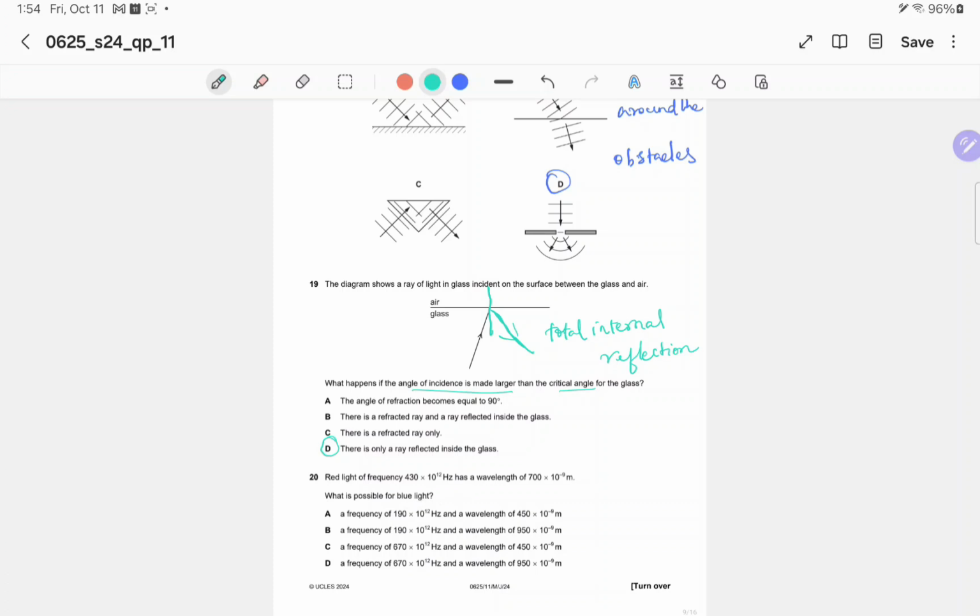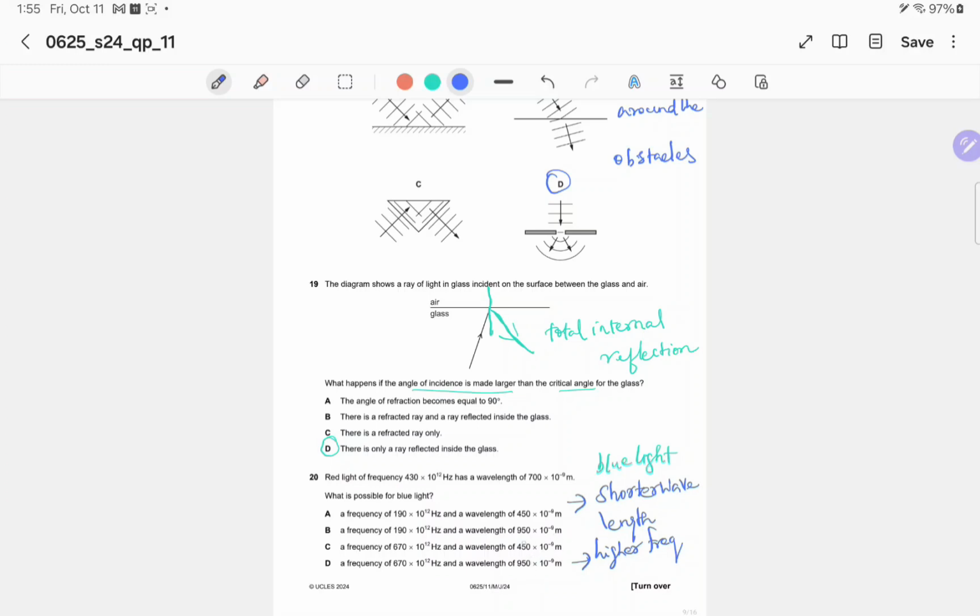Comparing to red light, blue light will have a shorter wavelength and a higher frequency. Which one is having a shorter wavelength compared to the red?